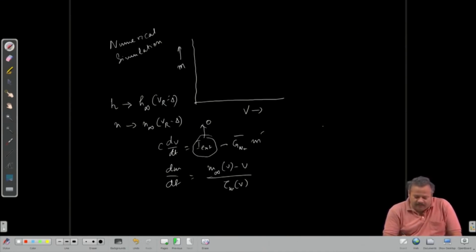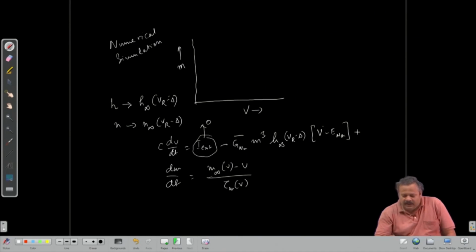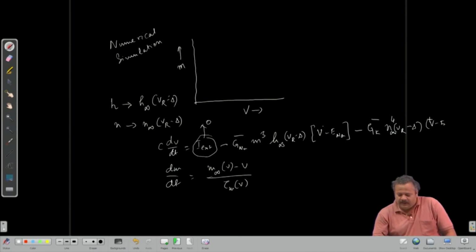So we have m cube h infinity at VR minus delta times V minus ENa, I missed these, minus GK bar n infinity at VR minus delta to the power 4 times V minus EK, minus G leak times V minus E leak.